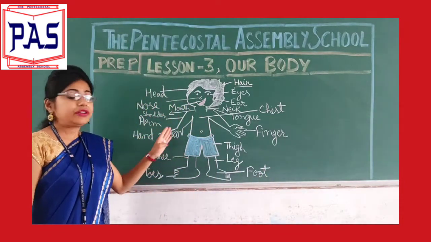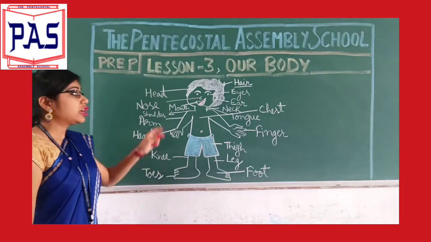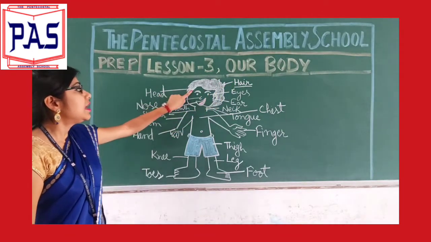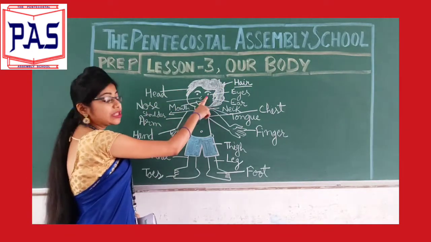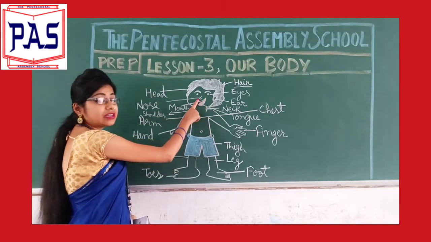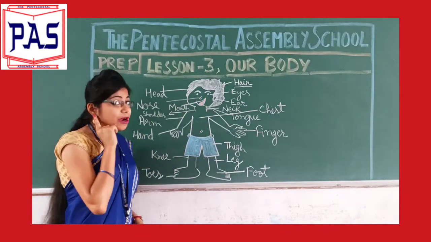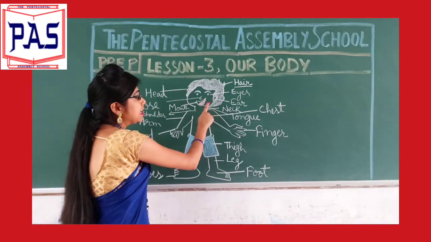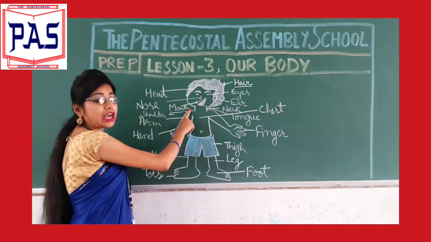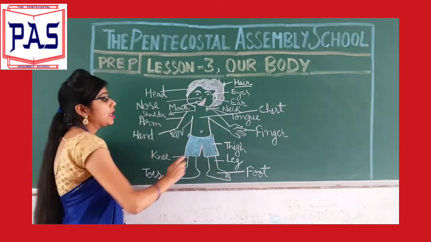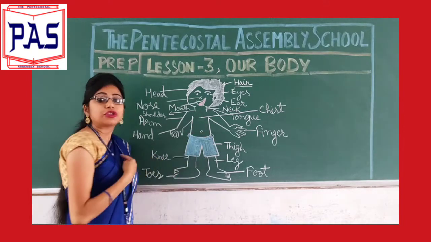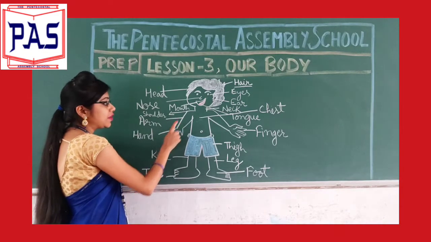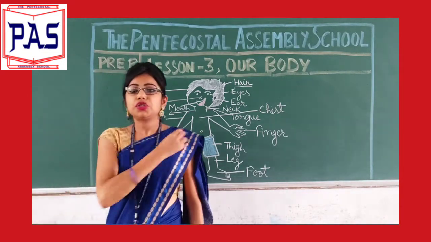So, these are our different body parts. Starting from the top, this one is hair and this one is head. This part is called ears. This is our nose. This is tongue and we have one mouth. This part of our body is called chest. And this one is arms. This is our shoulder.